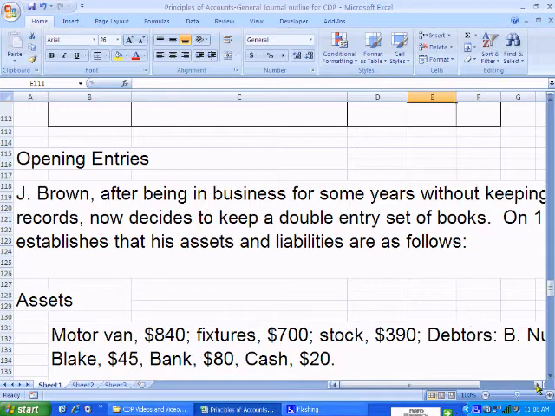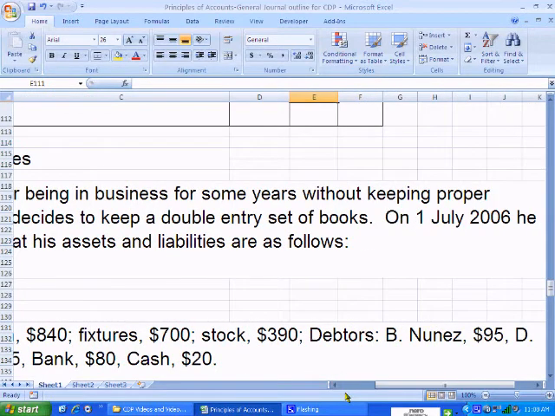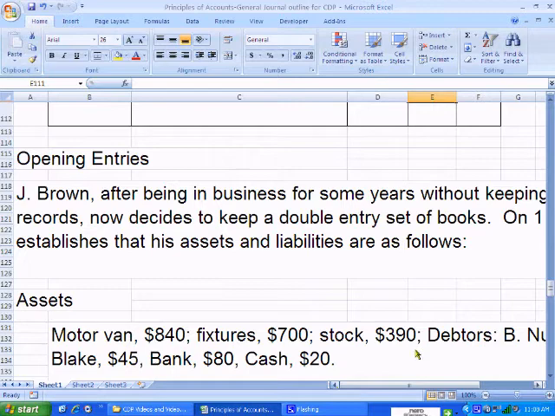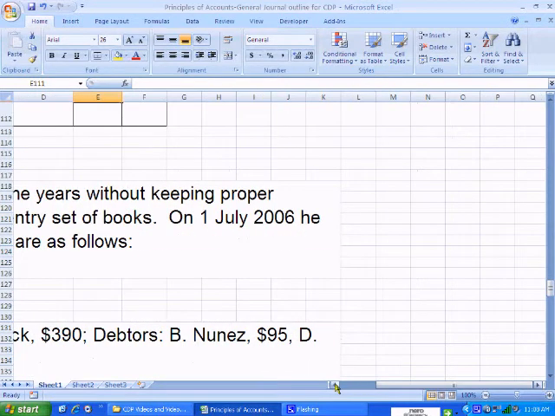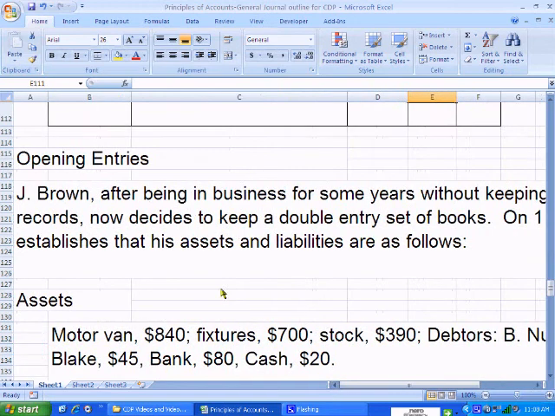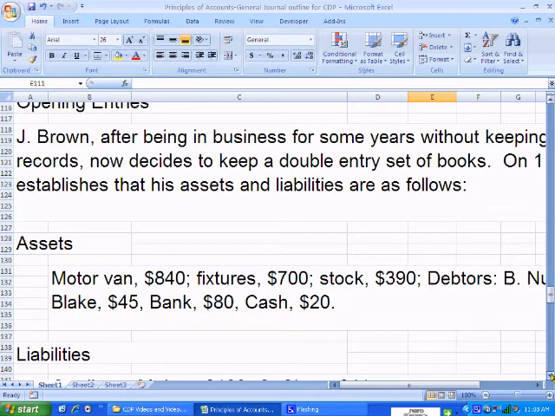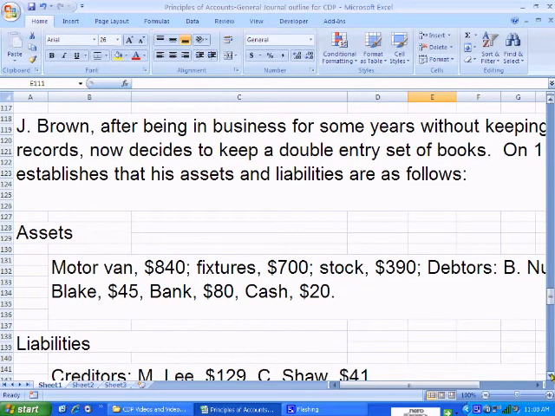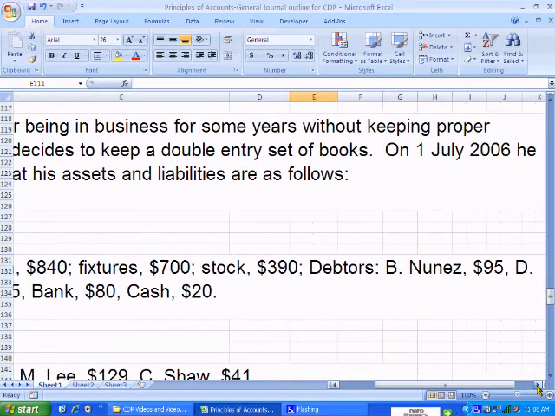Assets: motor van $840, fixtures $700, stock $390, debtors: B. Nunes $95, D. Blake $45, bank $80, and cash $20. Creditors, liabilities: M. B. $100 and Seashore $41. So now, let us make the entries at this time.